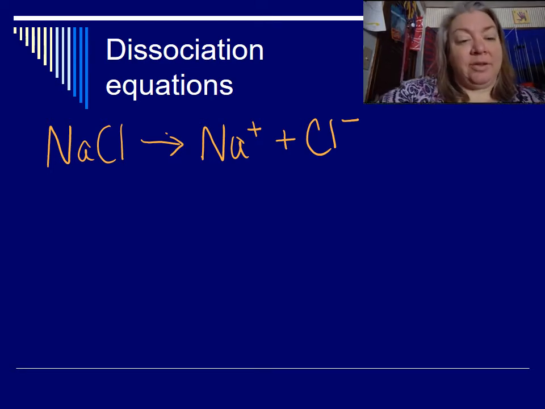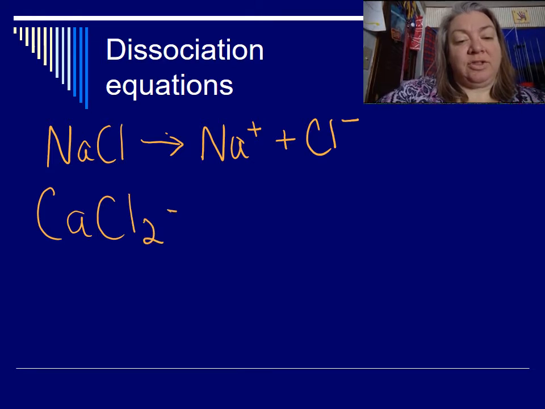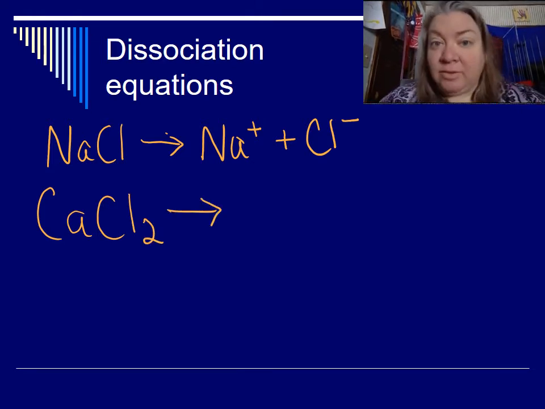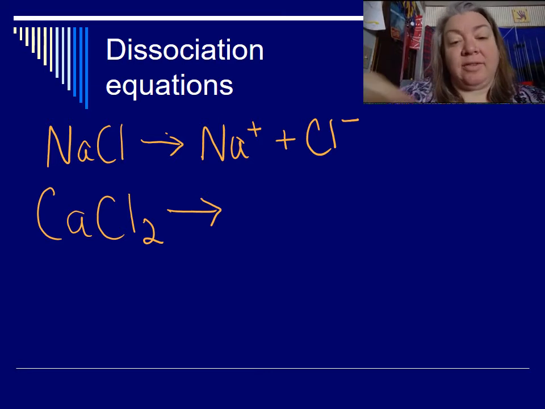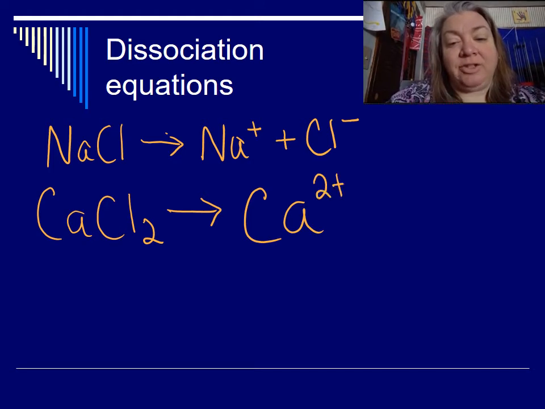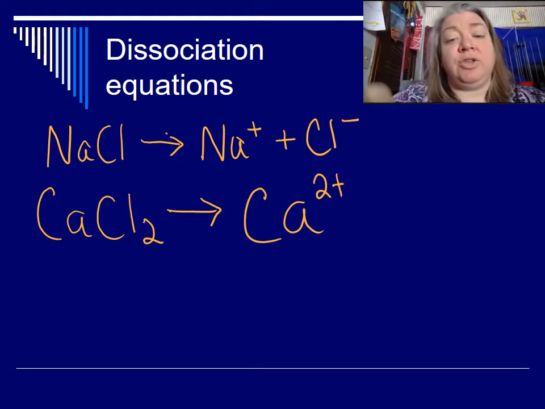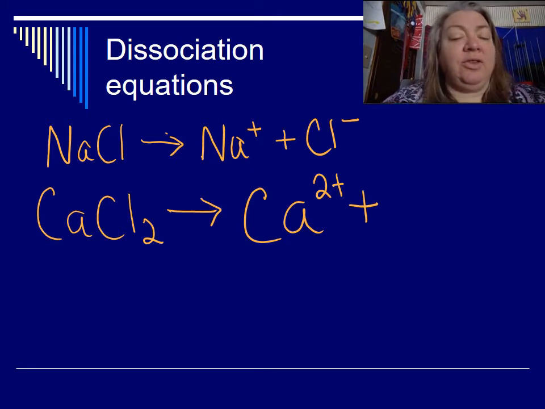So let's try another one. Let's try calcium chloride. Calcium chloride is CaCl2. And when we put this in water, it also dissociates, forms the calcium ion. Okay, what charge is calcium? Yep, it's a positive 2. We know that because it's in group 2A. And then we have these chlorides, and we have to figure out what happens to them.